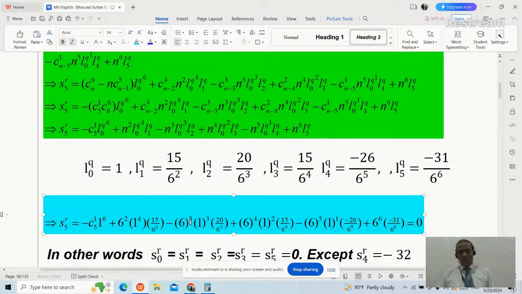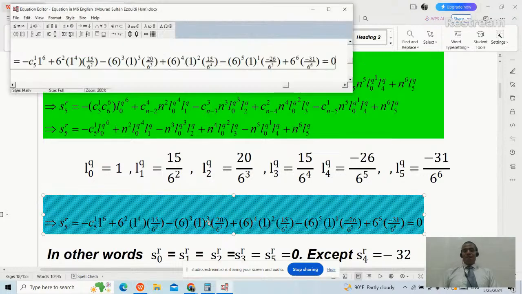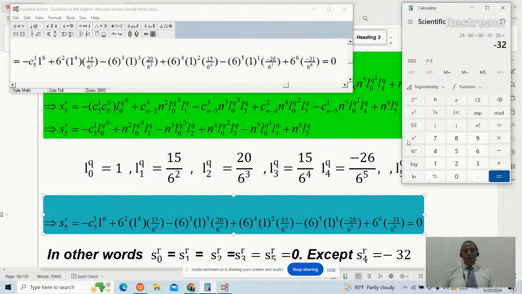Therefore I will give you time to use, or I will explain this using my calculator. After solving these polynomials, learners, I will give you something for you to know. Now I will use the calculator and just make my calculation.